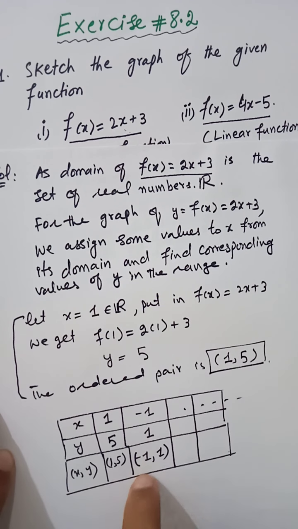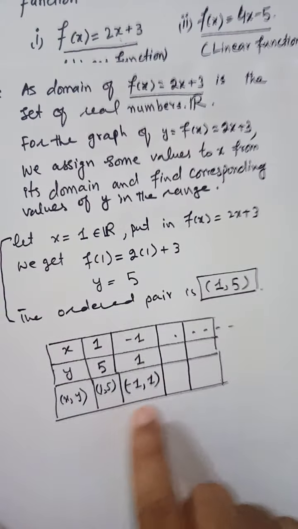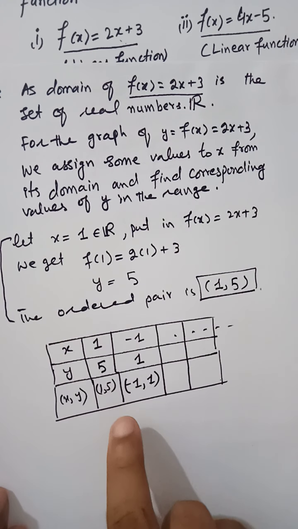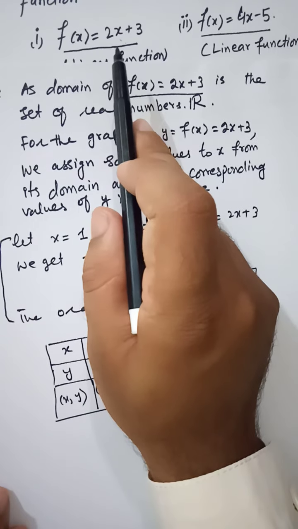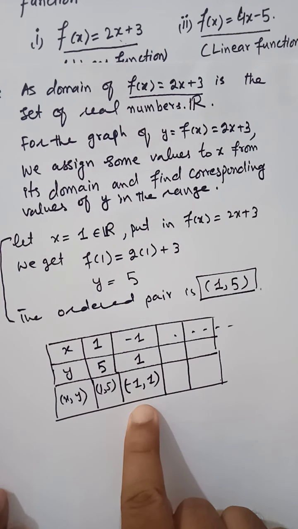Make ordered pairs and plot these ordered pairs in the plane. But one important thing is, this is the minimum requirement, because the graph of this function is a straight line. So for sketching a straight line, we need just 2 points, so we get 2 points.